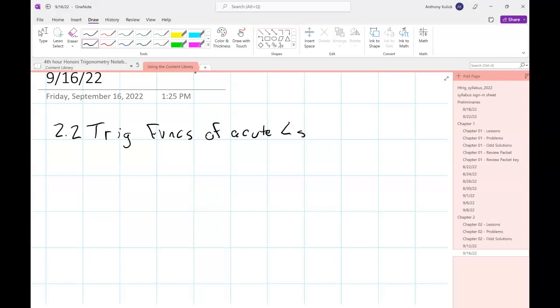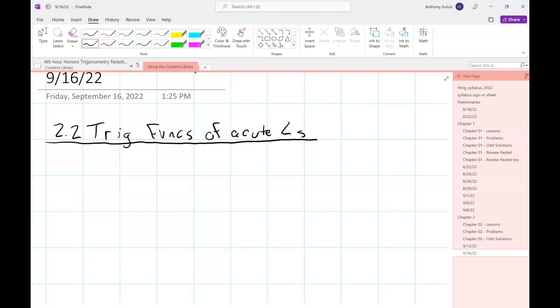So again, what we're going to be doing in chapter 2 is generalizing our definitions for sine, cosine, tangent from our geometric definition that was locked inside of right triangles and extending those definitions outward so we can handle sine, cosine, tangent of any size angle.